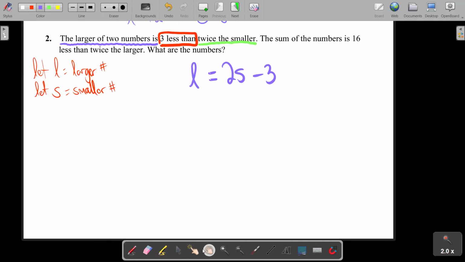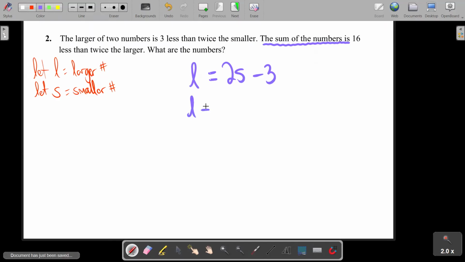Easy peasy. Okay. The next sentence, again, I'll chunk it with you. It says the sum of the numbers is. What's that going to mean? What does that say? Equals. There's more to it than that. L plus S. Equals. Good.